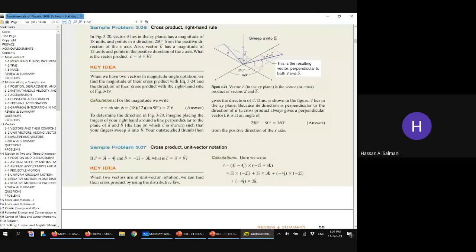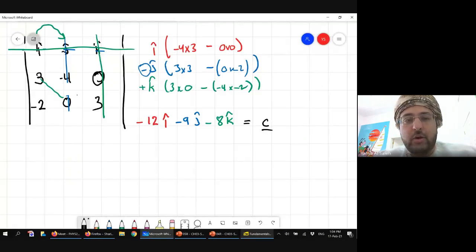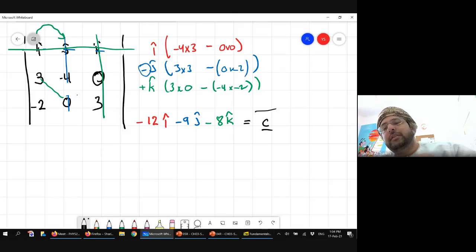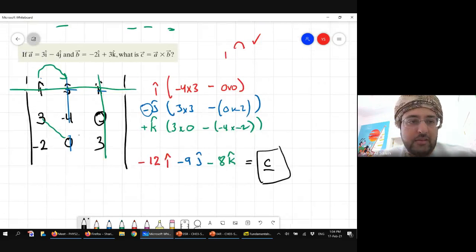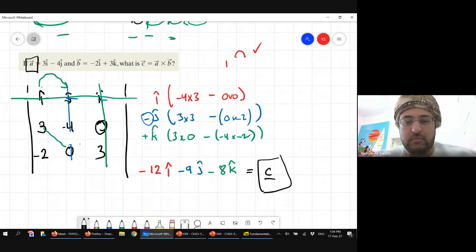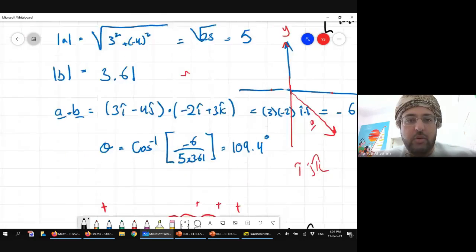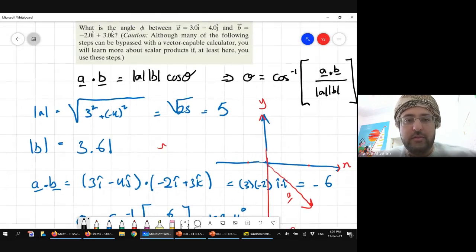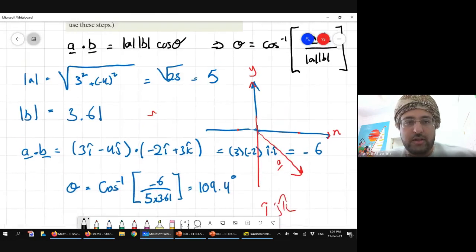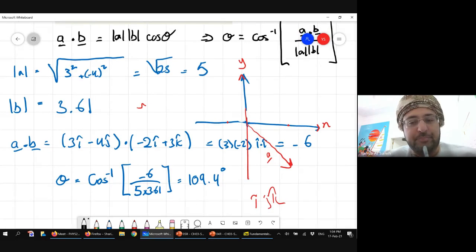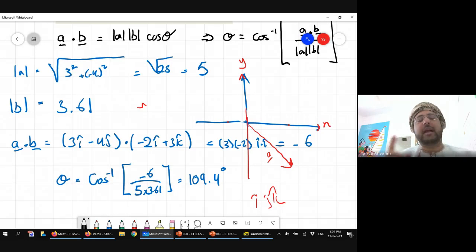For example, if you ask me to find the angle between C and A, I will go back and do what we did before with the dot product. I will find the magnitude of A and the magnitude of C, do A dot C, and take the inverse cosine to get theta.